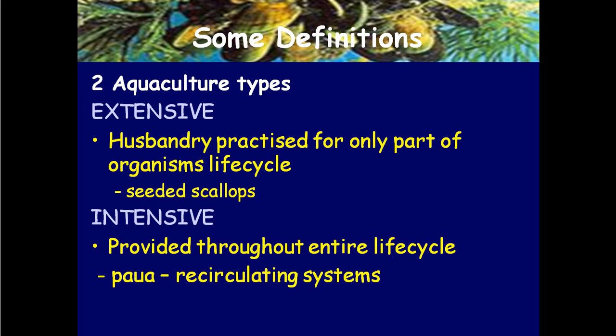Okay, so that's extensive. And intensive is where you provide for the well-being of the organism throughout its entire life cycle. So for a pawa, as you'll get to see if you take Aquaculture 2 next year, if you go up to Niwa, what they do up there is they have their brood stock.